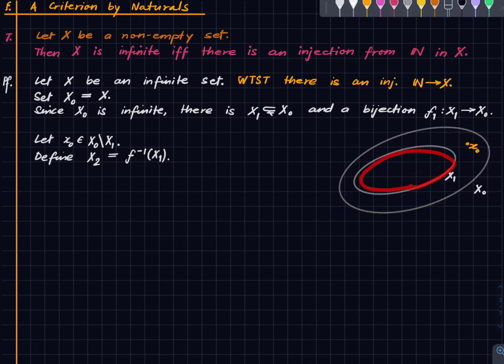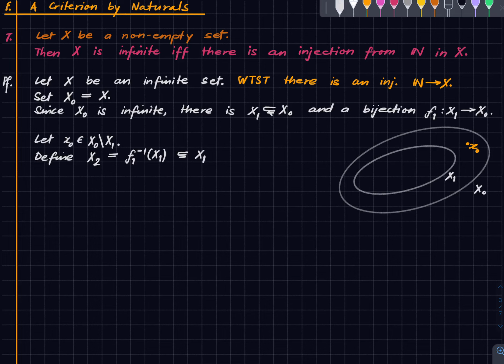But since X1 is a subset of the target, X0 being the target of F1 I mean, and since X0 contains the subset X1, we can take its pre-image. Alright? And obviously, the pre-image of anything will be contained in the domain of F1. So this is clearly contained in X1. This may seem trippy, but there is nothing trippy going on.